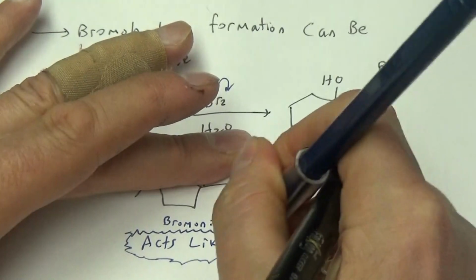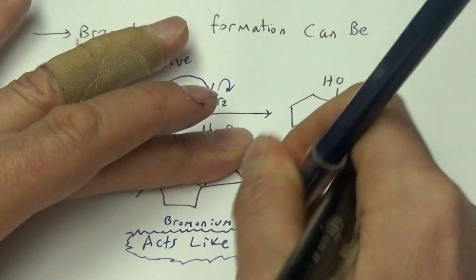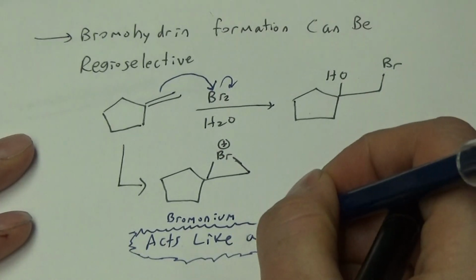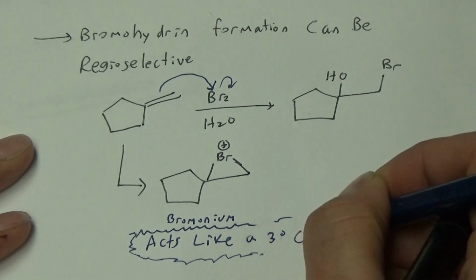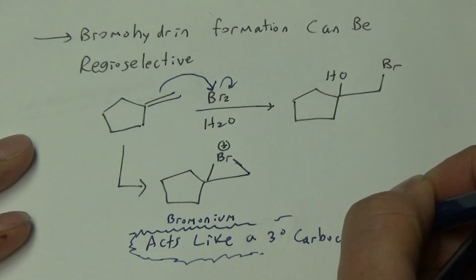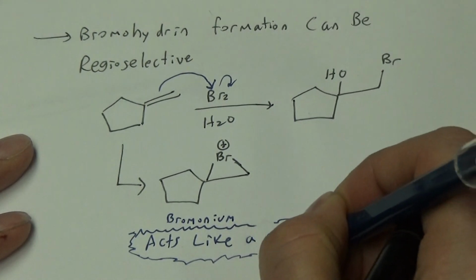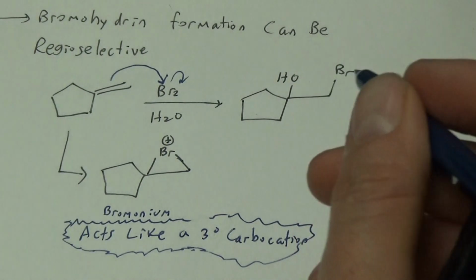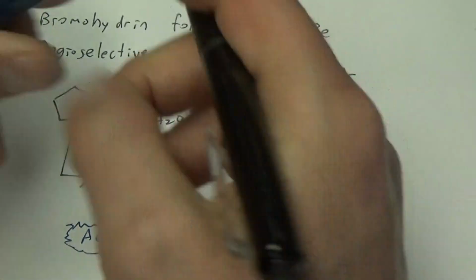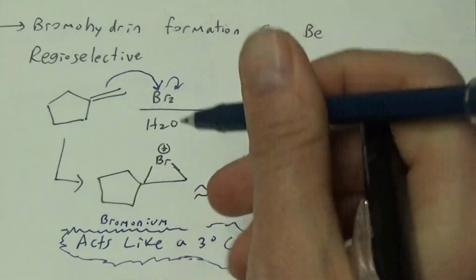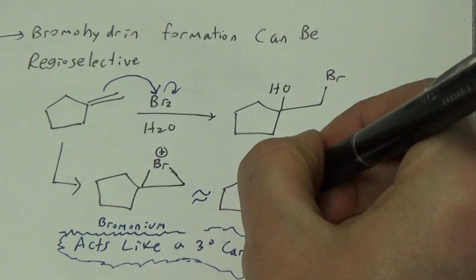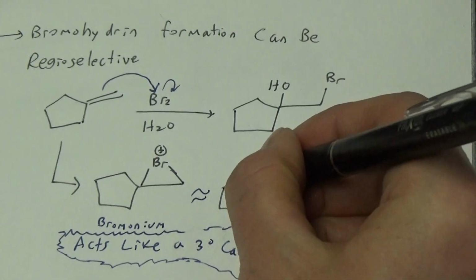Let's just draw that in there. So its reactivity is like a tertiary carbocation, meaning the structure of it kind of resembles a tertiary carbocation. So it kind of resembles Br with a plus charge there.